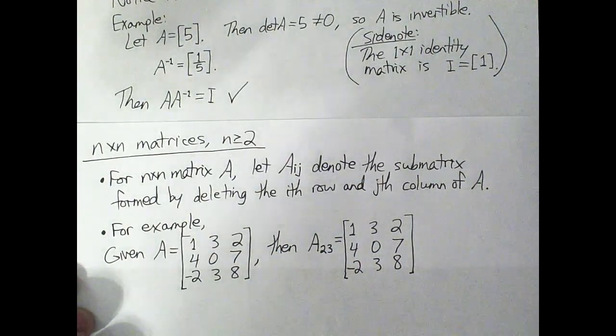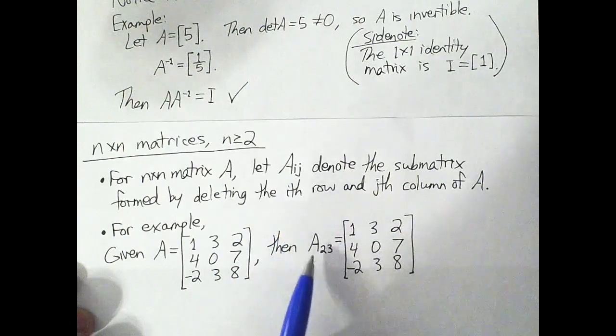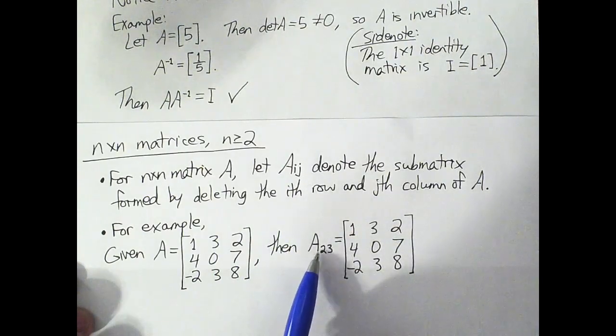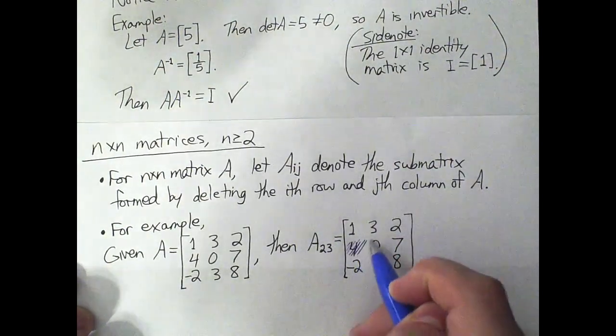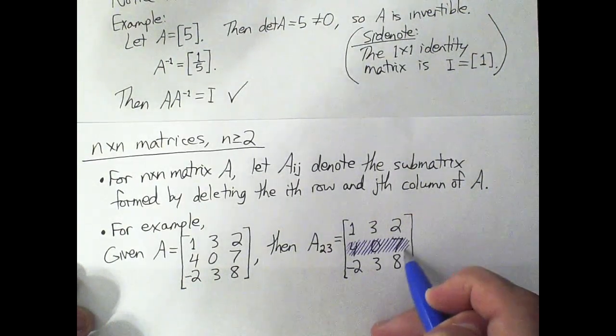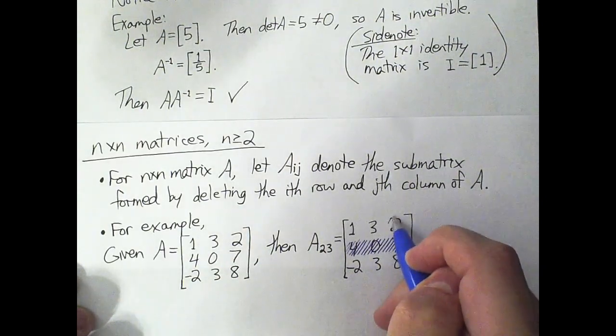Let's get another color pen here. So the instructions say that we are supposed to delete the ith row and jth column of A. So what is the ith? Well, i is 2. So what is the second row? Second row is getting deleted. Okay. And we need to delete the third column. Let's do that as well.